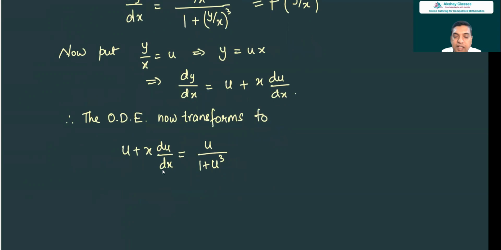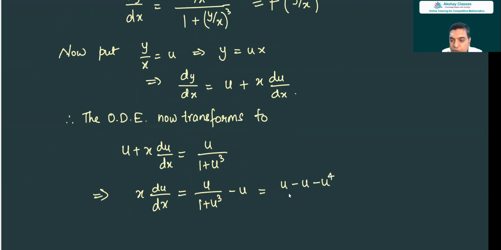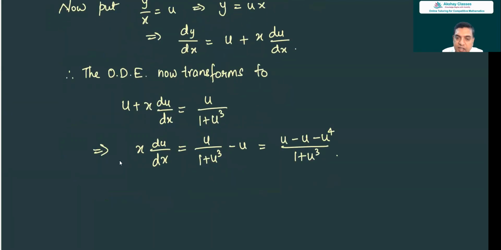Now, after that, we can convert to separable variables form. Let us see this. x du by dx is equal to u by 1 plus u cube minus u. So we get u minus u to the power 4 by 1 plus u cube. So u and u cancel.